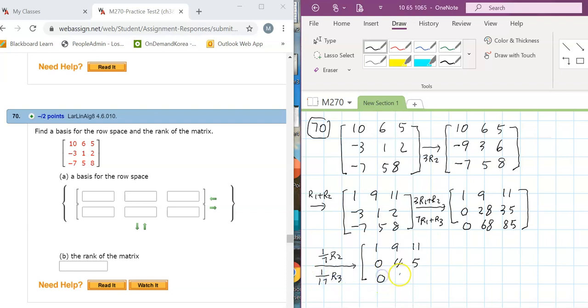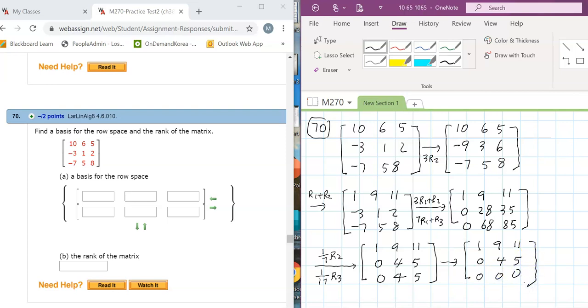I think 17 goes into both numbers, and it's going to be 5. 17, I mean, wow, 4, yes. Can you imagine this? So this is 1, 9, 11, 0, 4, 5, and then 0, 0, 0.